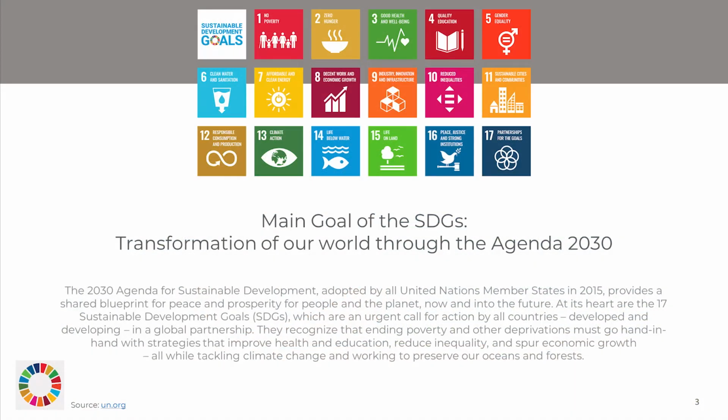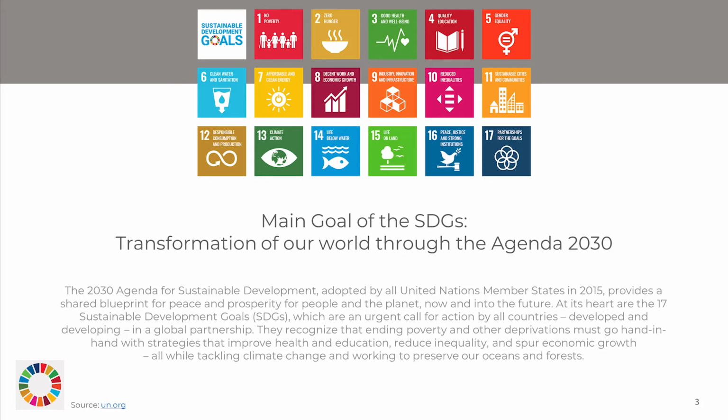The main goal of the SDGs is the transformation of our world through the Agenda 2030. Now, what is that? The Agenda 2030 for Sustainable Development was adopted by all United Nations member states in 2015. It provides a shared blueprint for peace and prosperity for people and planet, now and into the future.